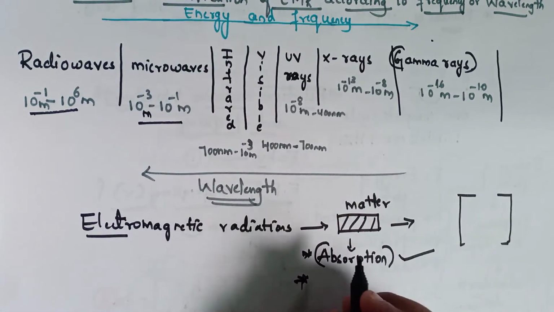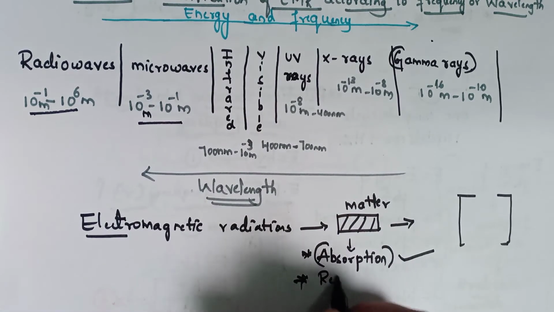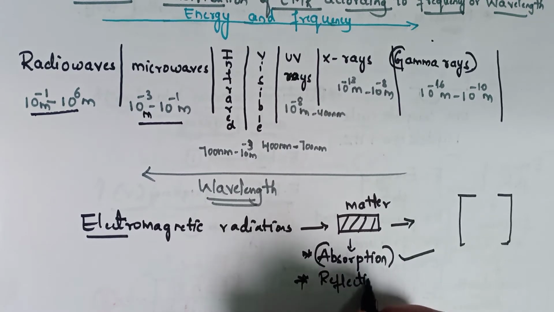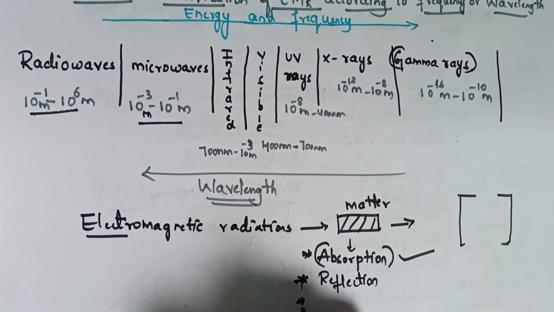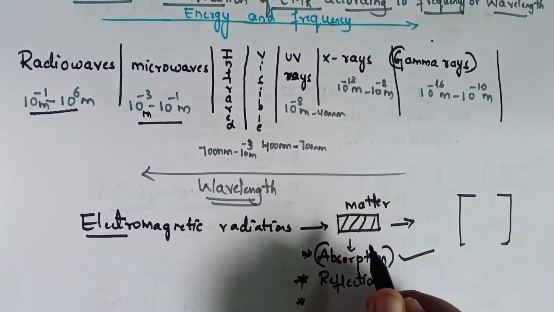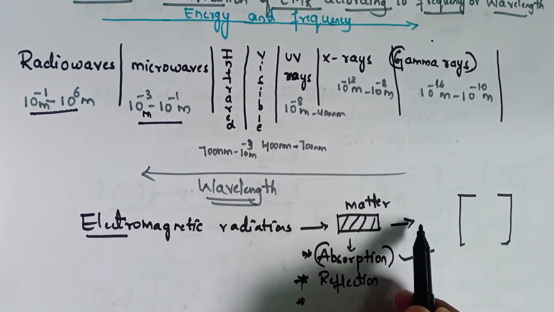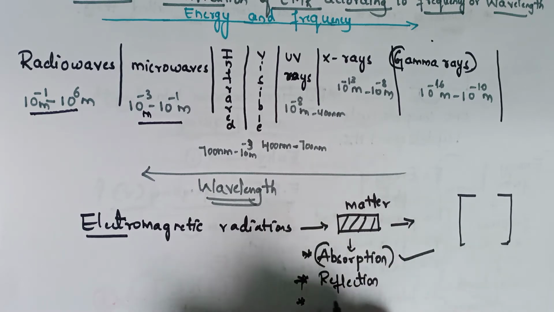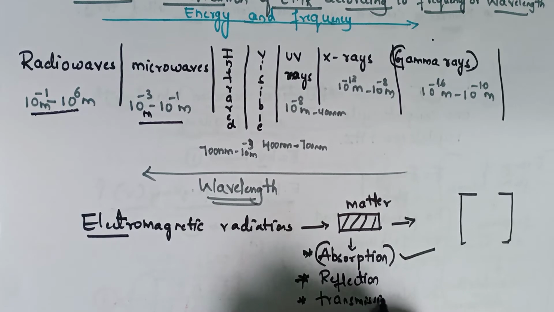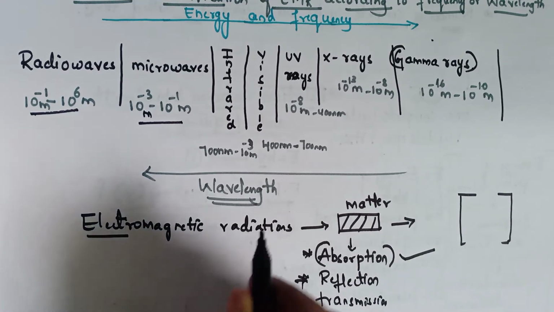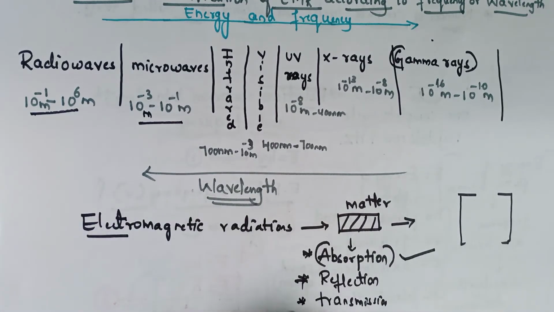This phenomenon is called reflection. We have completed absorption and reflection, and next it can pass through the matter. So it is called transmission.